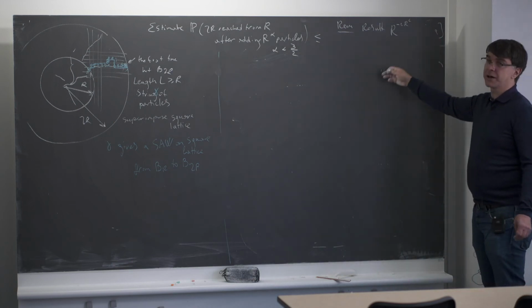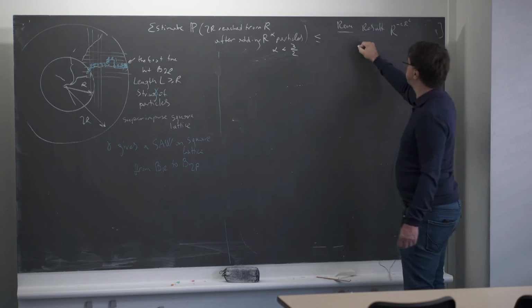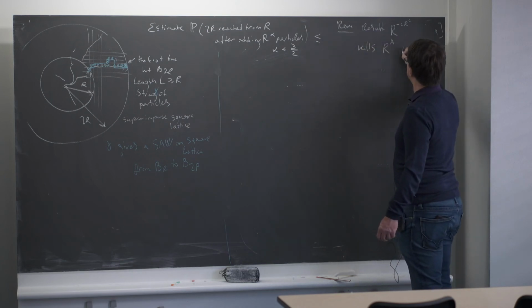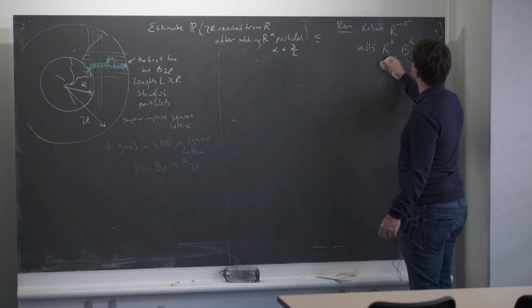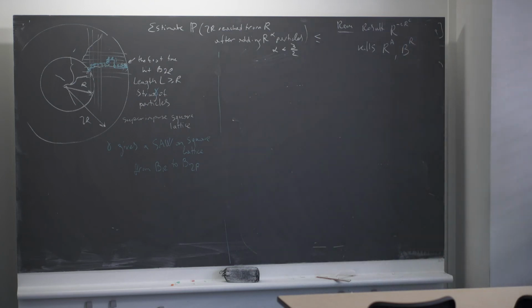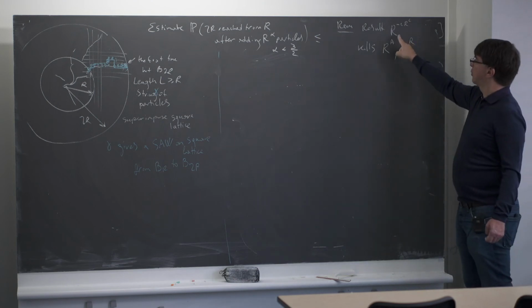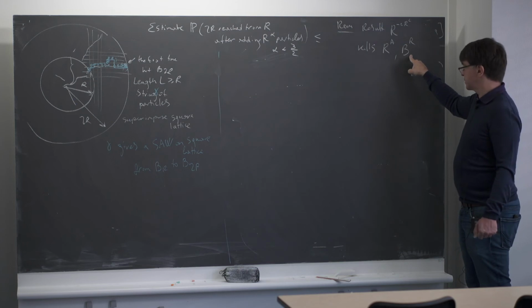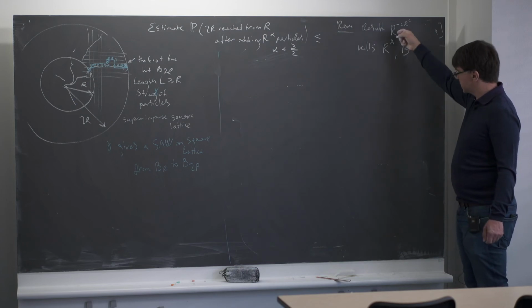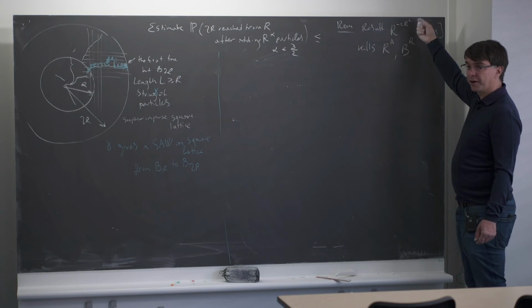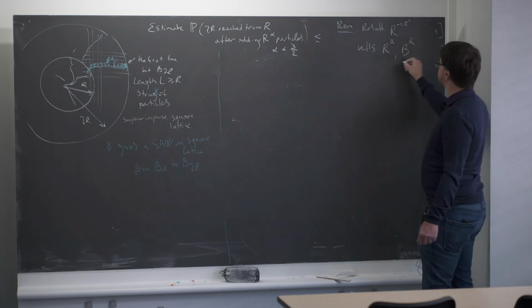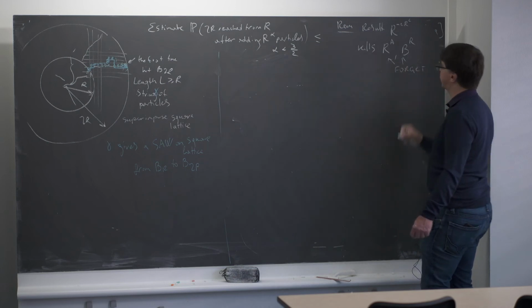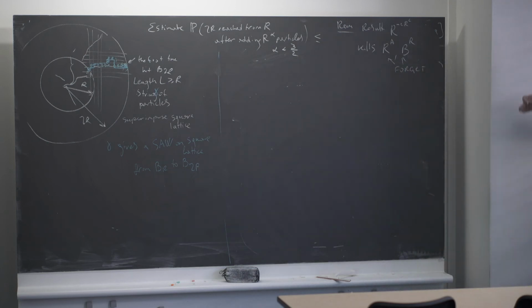It kills all things like r to the power a and b to the power r, because one is exponential and one is polynomial. So I will just forget such things immediately. When they arise, I forget them. It just means that for r large enough, they are immaterial.